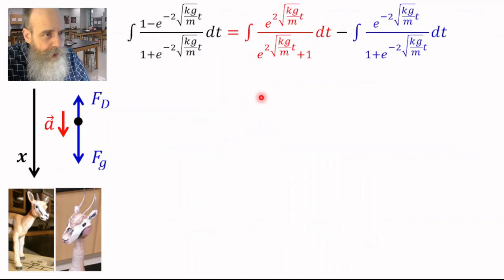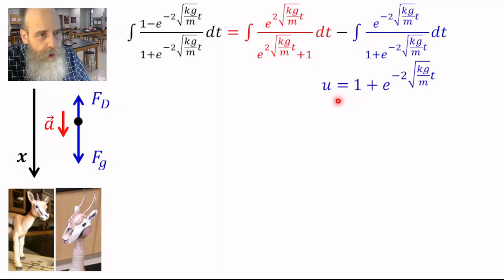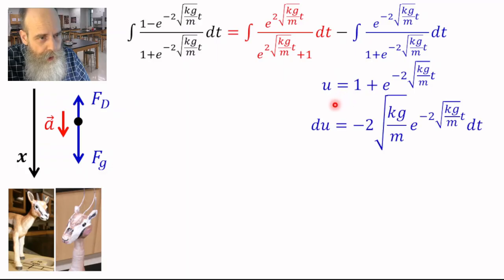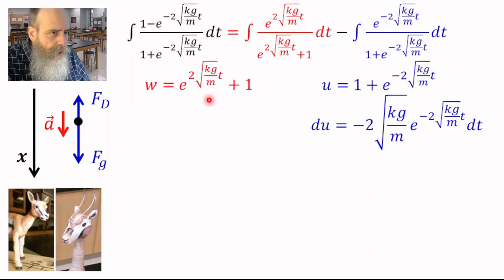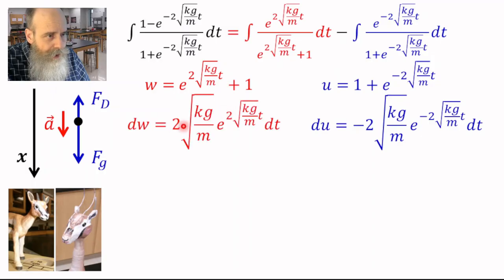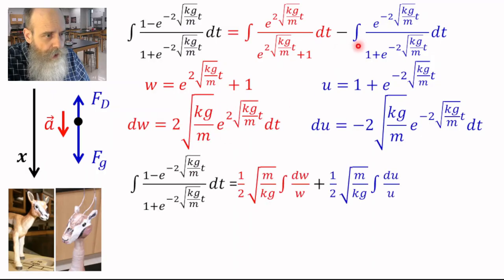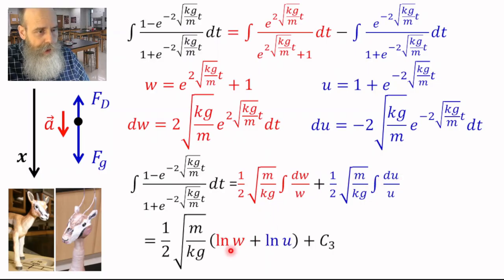So here I've written now in terms of the two things, this one and this one. Let's do this u substitution for the one in blue. That's u, this is du. For the red one, let's do w. This is w, this is dw. Put these into the integrals and we get this. We have an integral of dw over w, integral of du over u. Well, this is just ln w.